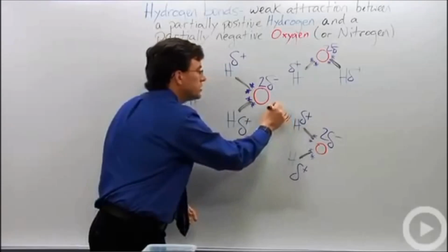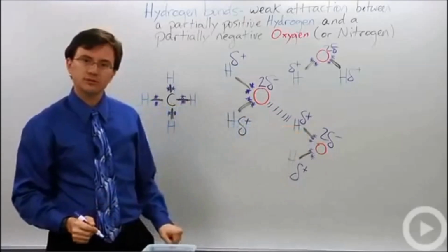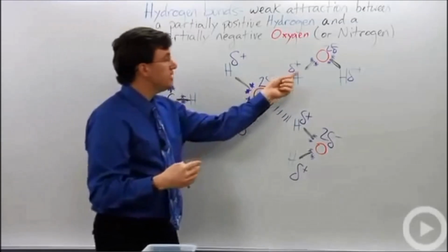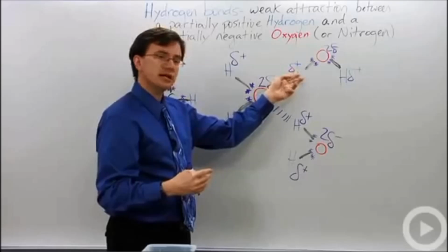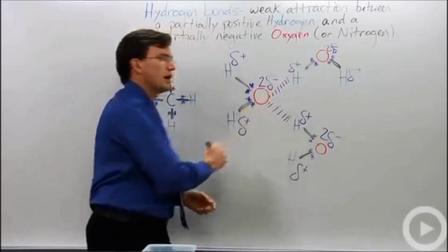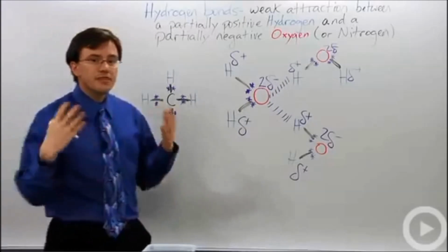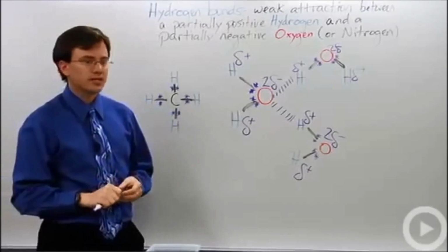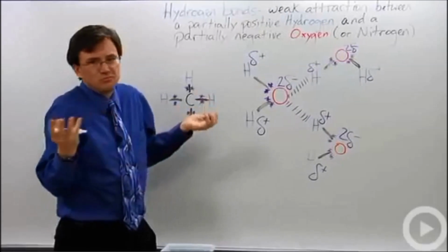You form this weak attraction between these two molecules. Similarly, this water molecule over here, its hydrogen is going, hey, you're sort of attractive, and so we have our weak hydrogen bond there.